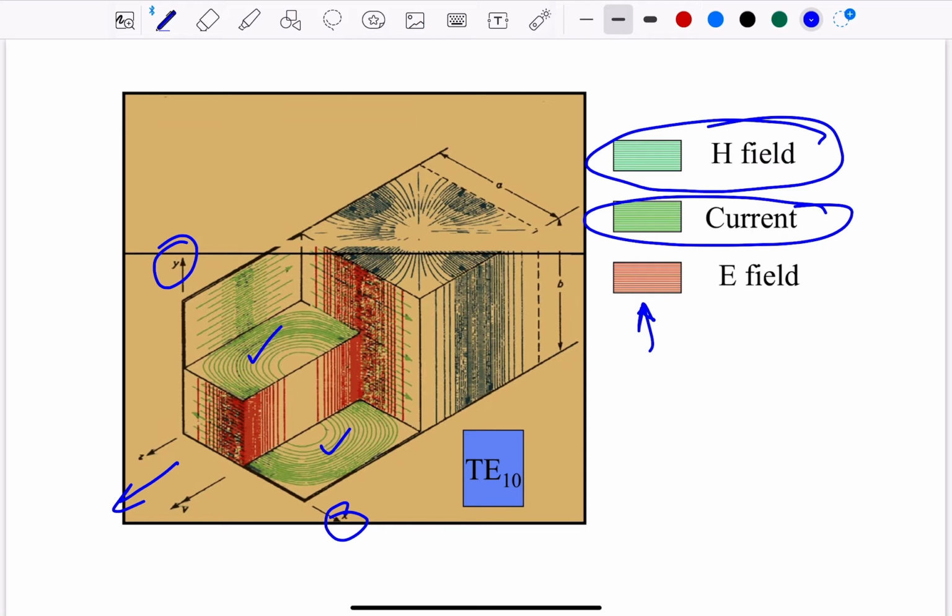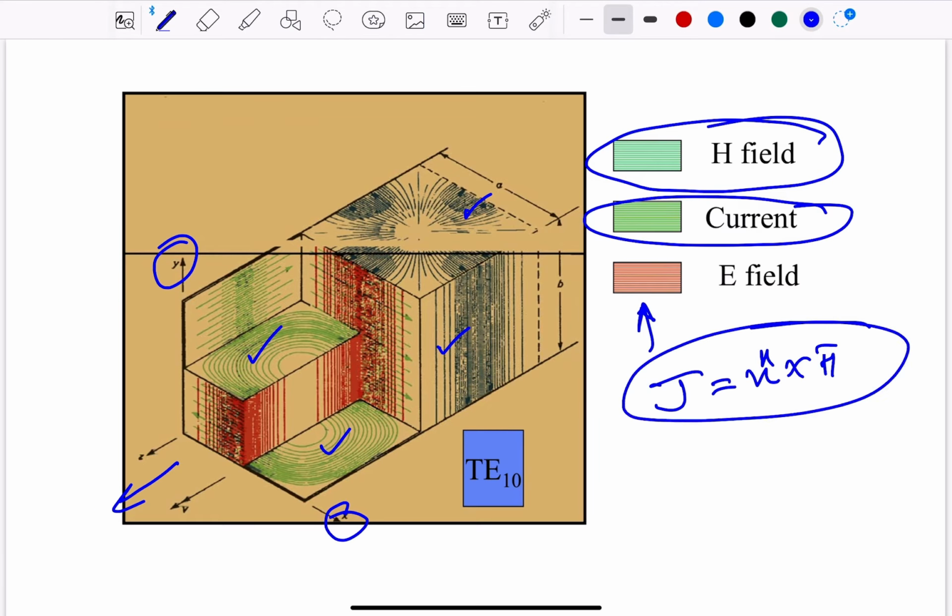This dark one is the current. You can estimate this current with this relation. Once you know the magnetic field components, you can estimate the current as well.